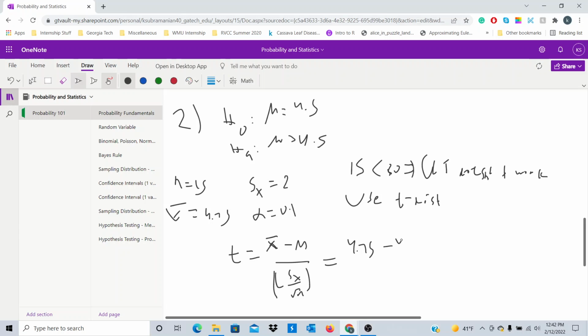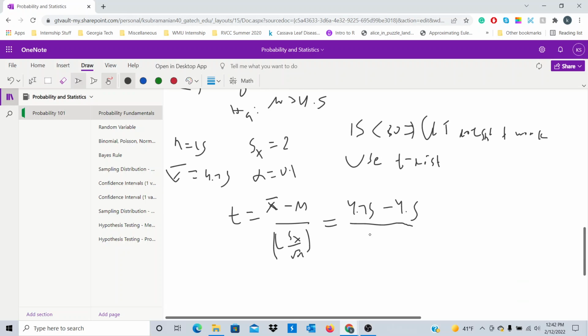The mean that we're testing is 4.5, because we're assuming for the time being that the mean time spent on the phone is 4.5 hours, and then seeing if that sounds plausible, right? And the standard deviation is 2 with a sample size of 15. So the t-score, I'm going to punch this into my calculator real quick. It's going to be this.